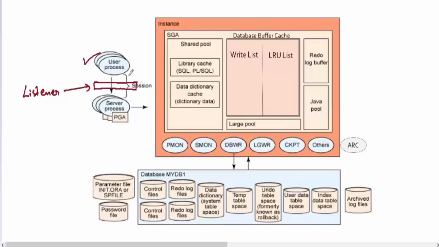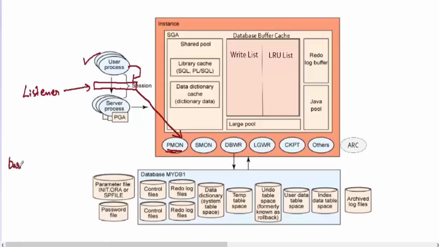Now the listener, from the user process, will get the user ID, password and other details, and then the listener will hand it over to a background process that runs on the database server, and the name of the background process is PMON. PMON will validate the details against the base tables.